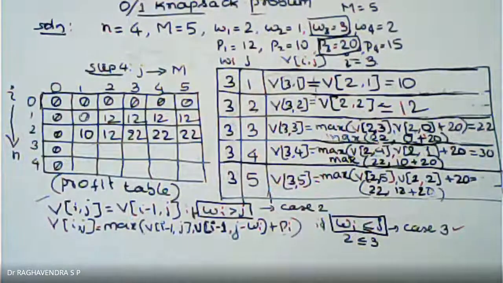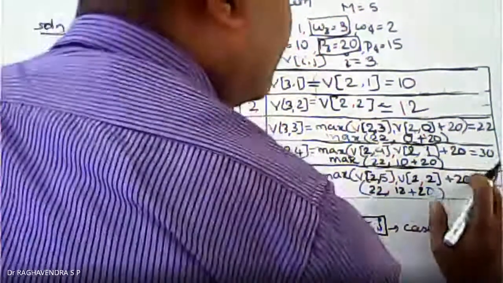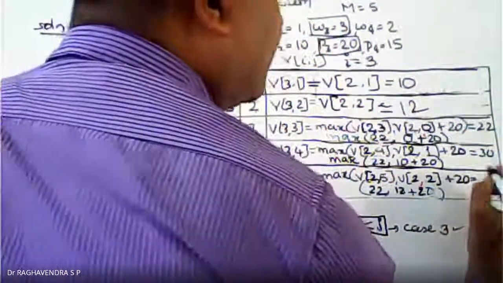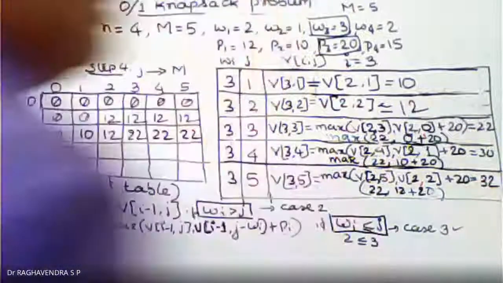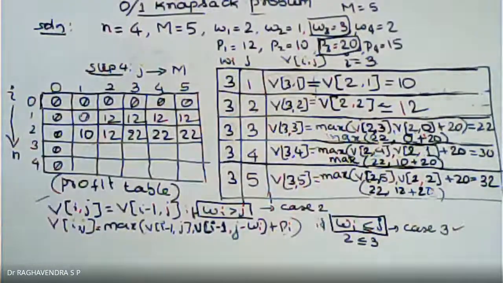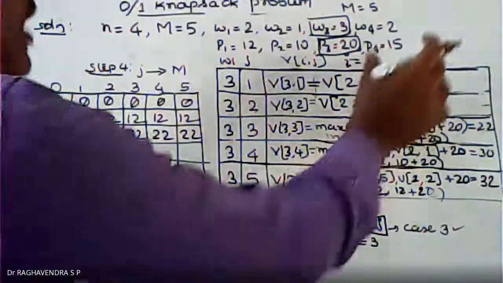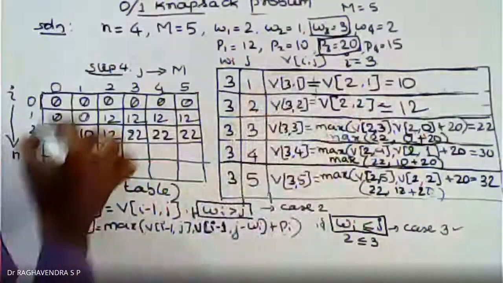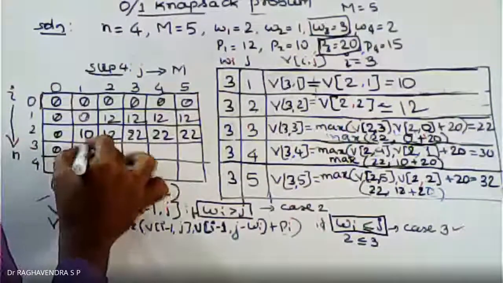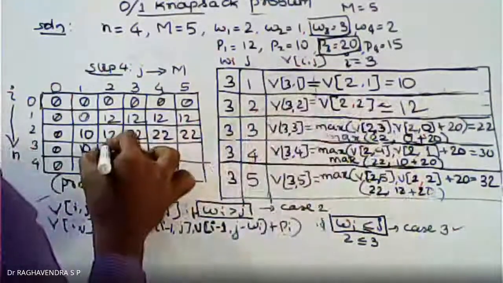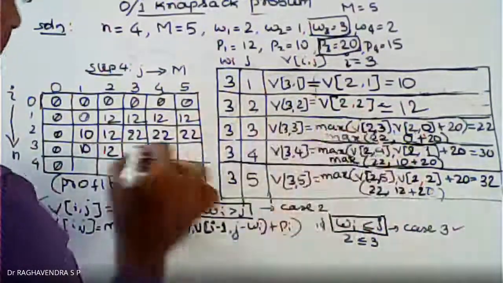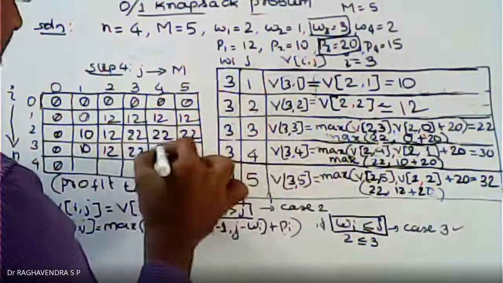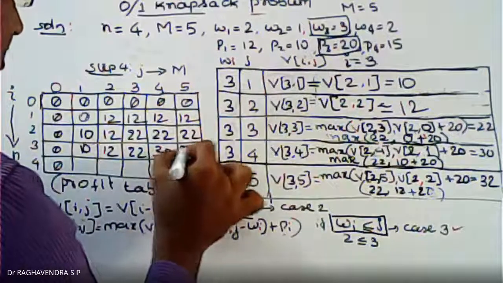Which is the maximum? 32 will be the maximum. So now we have to write all these values into the table. We have 3 comma 1 is 10, 3 comma 2 is 12, then we have 22, then we have 30, then we have 32.